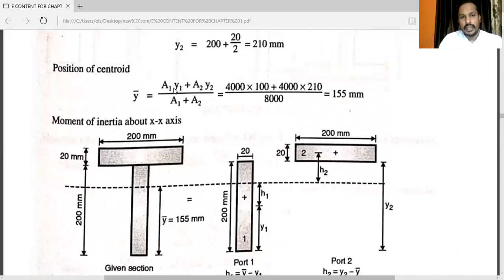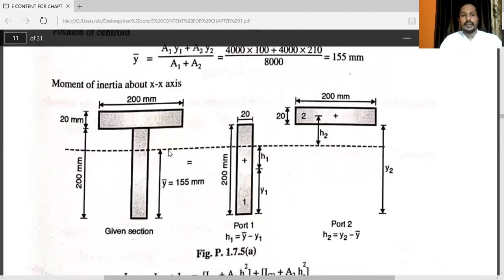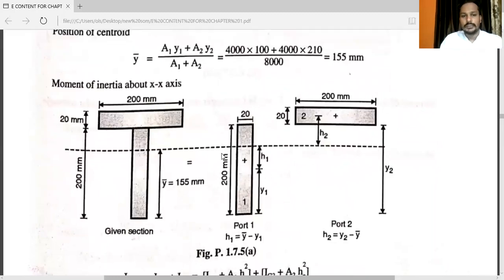So here area 1, that is 4000, y1 that is 100, A2 that is 4000, y2 that is 210, and the summation of the entire area, that is A1 plus A2, is equal to 8000. So the answer will be 155 mm. You can see the y bar. This dotted line shows you y bar. See, this is the y bar.